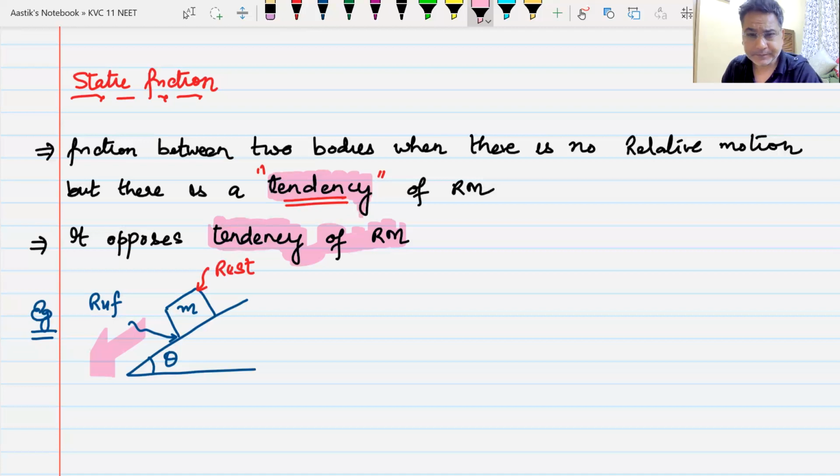What is stopping the body from going down? What is stopping the body from moving down? It's written here on the whiteboard.